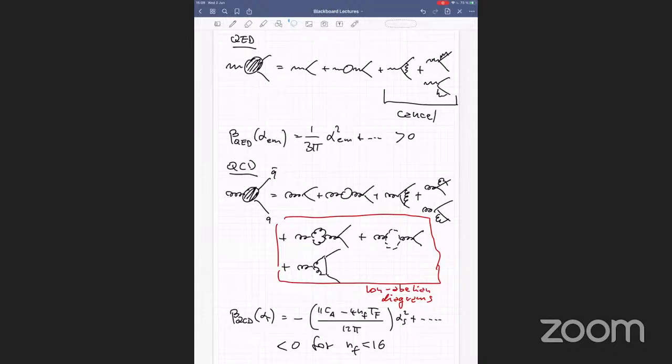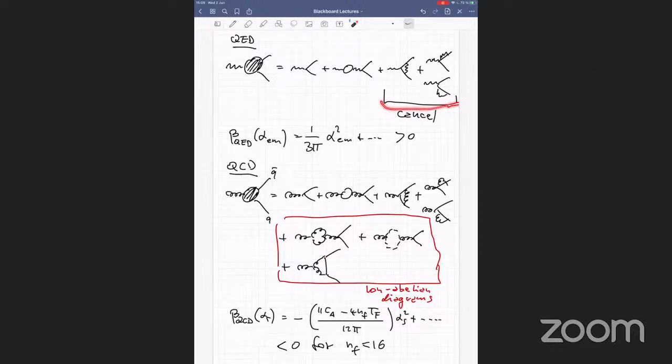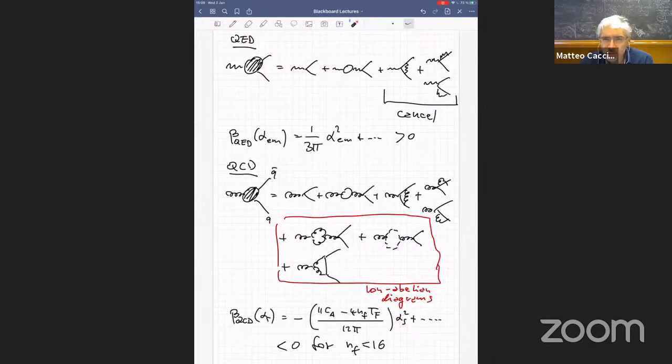But as I remember, we must add some soft photon emission diagram, and in QCD soft gluon emission diagram, to cancel the divergence.